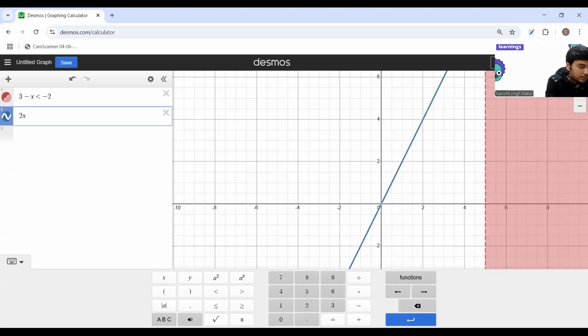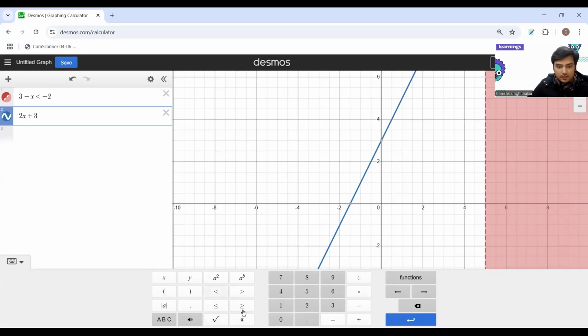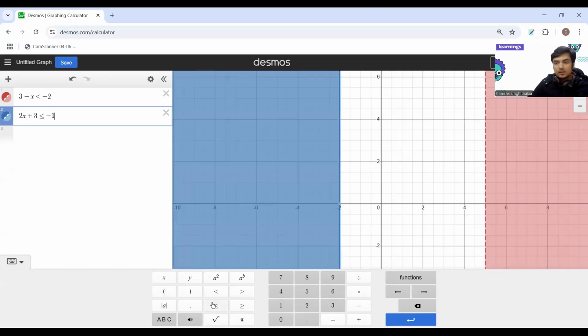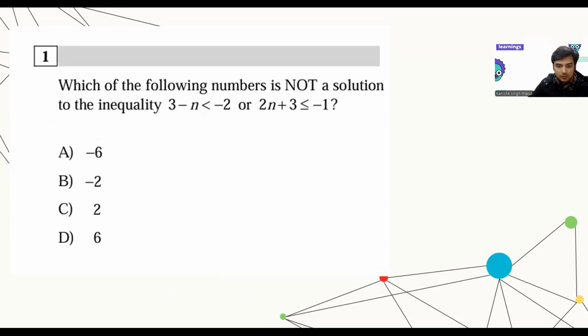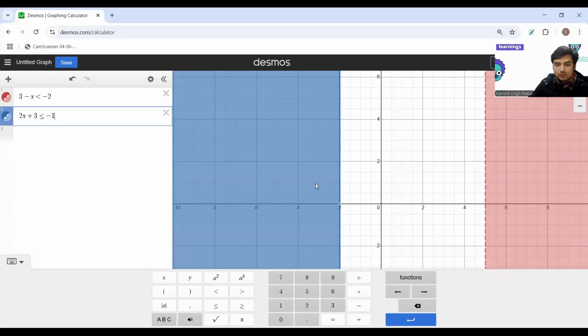So 2x plus 3 lesser than equal to minus 1. So these are both of my graphs. Let me again check whether they are correct. Okay, so these are both.